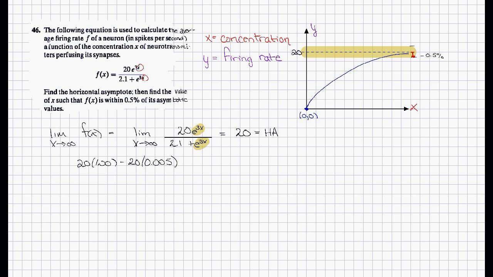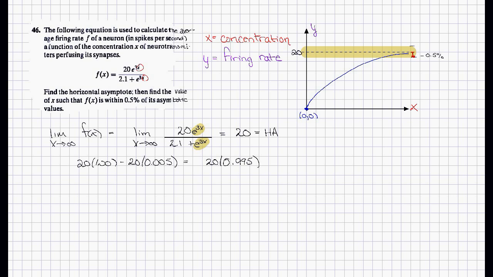And that's percent again. 100% is 1. 0.5% is 0.005. And that's going to give you 20 times 0.995. You could have also just skipped straight to this. If you could just think about the fact that, okay, well, I have my ceiling and I want to be all the way to my ceiling, but I want to be just 0.5% below it, so I know that that's what I want.